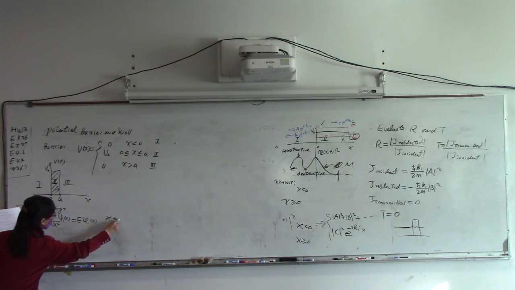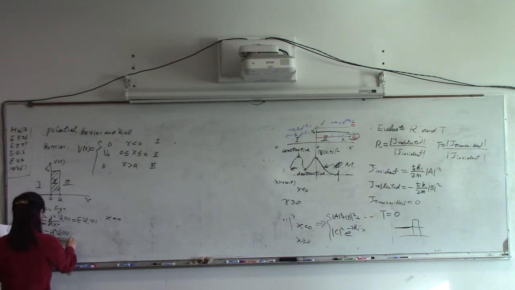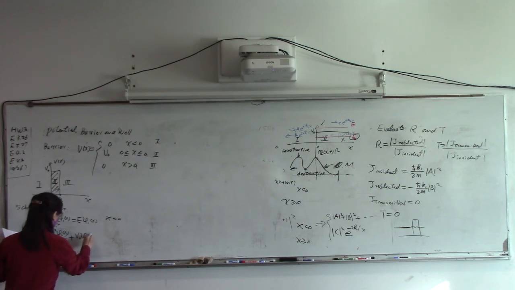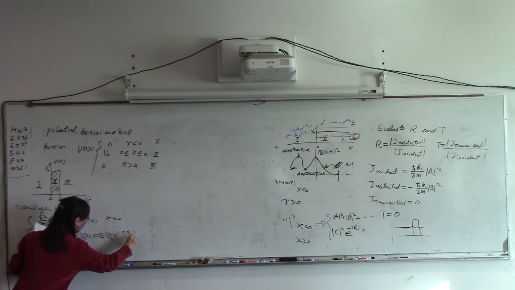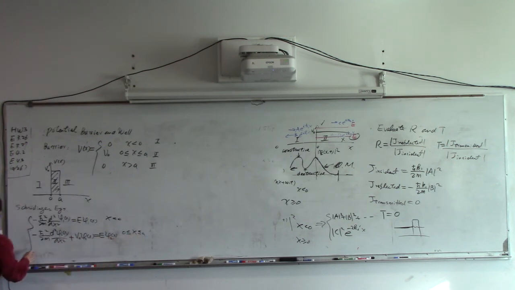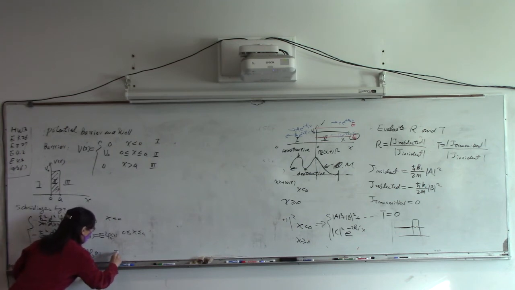And the second region, we have the energy barrier: minus d squared psi 2(x)/dx squared plus V naught psi 2(x) equal to E psi 2(x), where x is within 0 and a. Third one, go back to zero potential, but the wave function is psi 3, so we need to distinguish, equal to E psi 3, since the area is different.